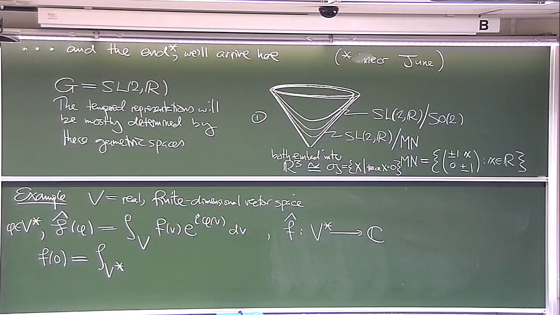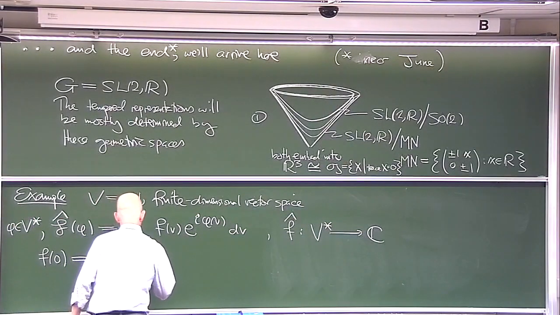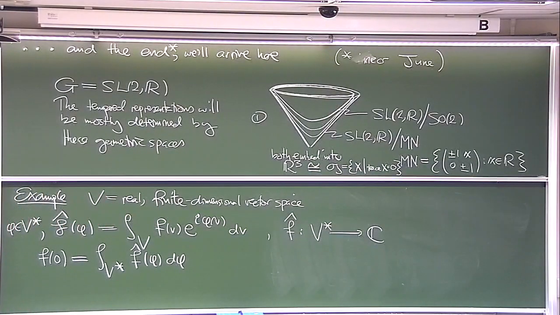If you think about it, once you've chosen a measure on V, there's a natural corresponding choice of measure on V star, and it's a fact that you can reconstruct the values of the original function from the values of the Fourier transform in this way. There's some constant, it's not that important for us. There it is.